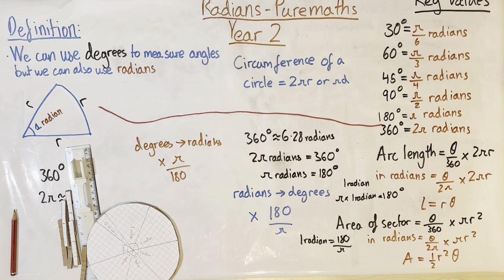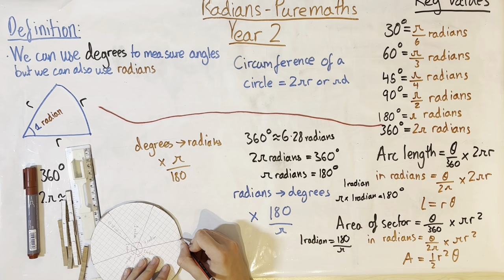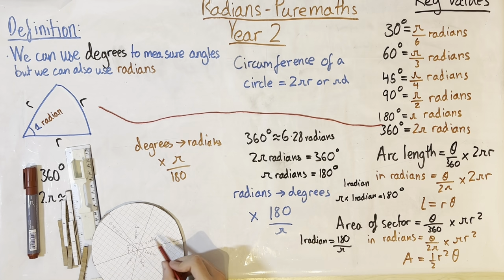There are 2 other small bits of information we're going to want to know. If we remember back in GCSE, if we wanted to find out the length of this arc, we did the angle theta over 360 times the circumference of the circle, 2 pi r.